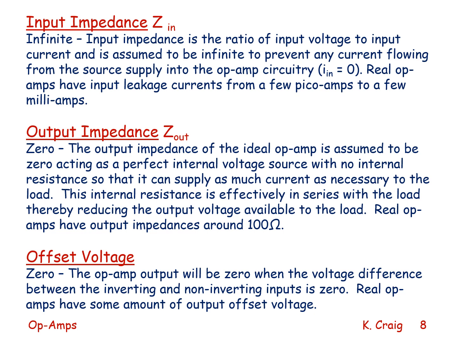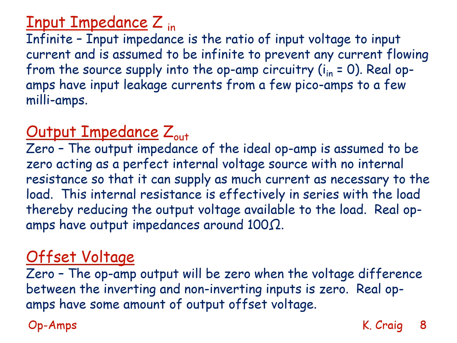Output impedance, Zout. Ideally, it is 0. The output impedance of the ideal op amp is assumed to be 0, acting as a perfect internal voltage source with no internal resistance, so that it can supply as much current as necessary to the load. This internal resistance is effectively in series with the load, thereby reducing the output voltage available to the load.